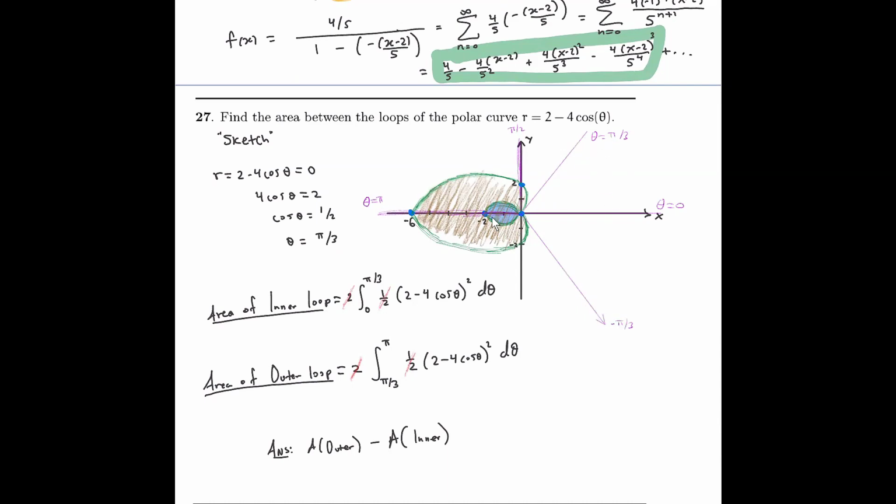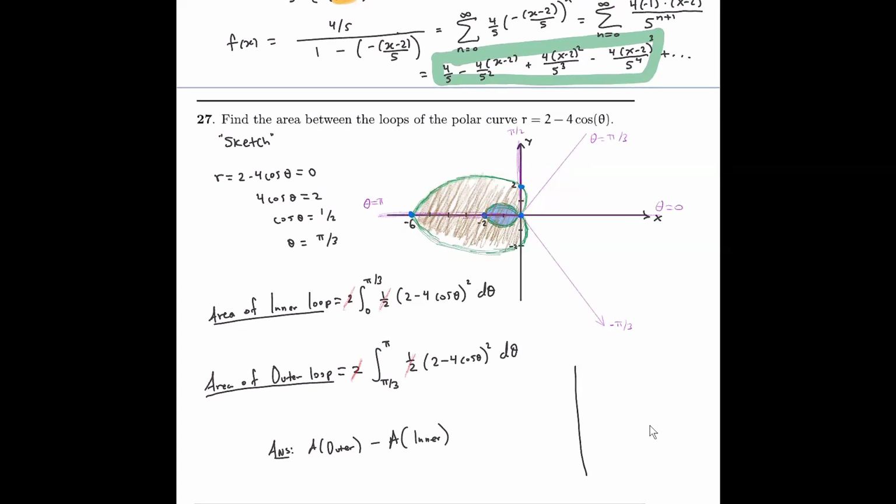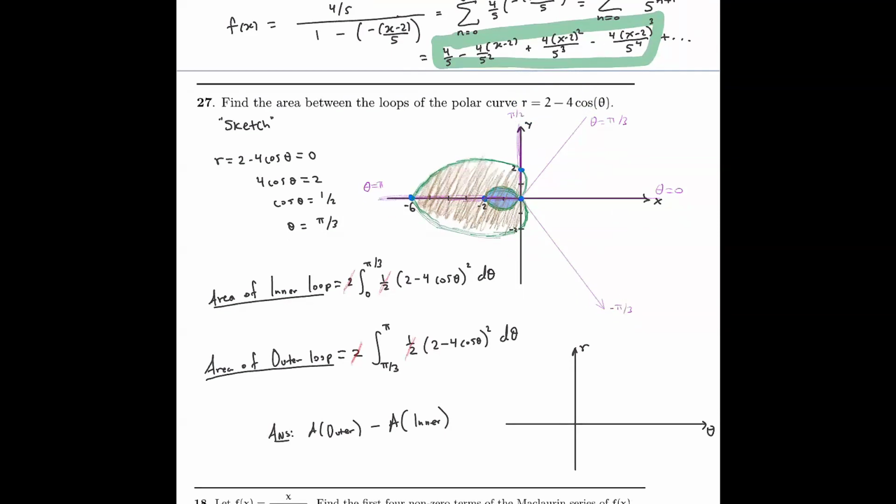So in class, as I said today, if I wanted to understand this better as a student, I would sketch the curve r equals 2 minus 4 cosine theta. I will sketch that on the r theta plane. We did this in class at least 2 or 3 times, where we had the theta axis and the r axis here. And you did this in pre-calculus. I think it will look something like this. I'm just guessing here because I like guessing, I guess.